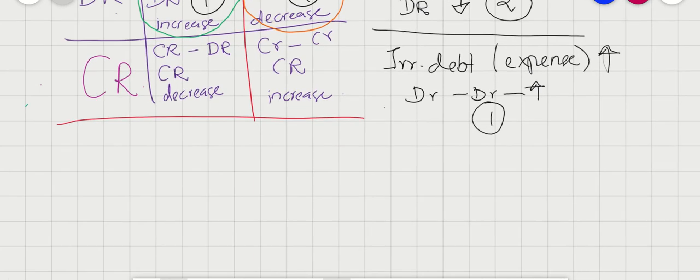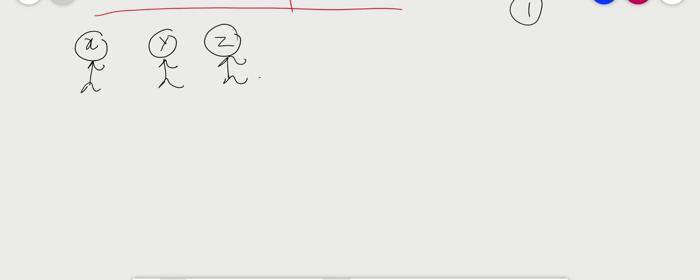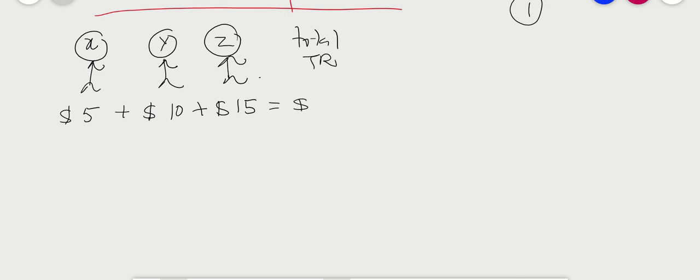The reason why we have to go through this is because it's very important to apply to today's topic. We'll assume your business has these 3 trade receivables. XYZ, all 3 of them are your trade receivables. X owes $5, Y owes $10, and Z owes $15. Therefore, your total trade receivable value would be $30.